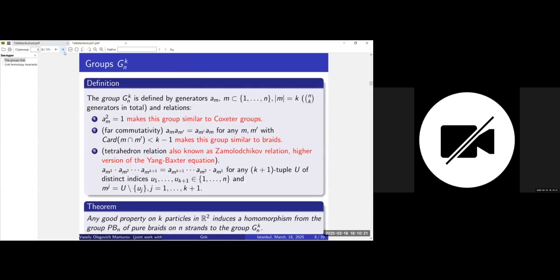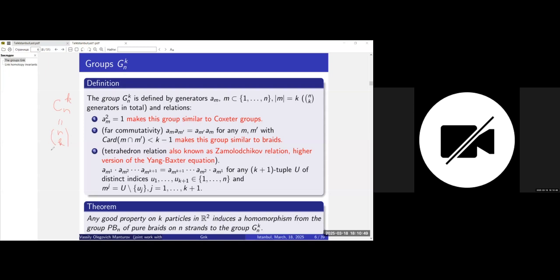And now the main definition, the definition of groups G_n^k. Actually, I don't know whether this notation is used in Turkey, but this is a notation very much used in France and in Russia. C_n^k is "choose n, k", the number of choices of k elements out of n.